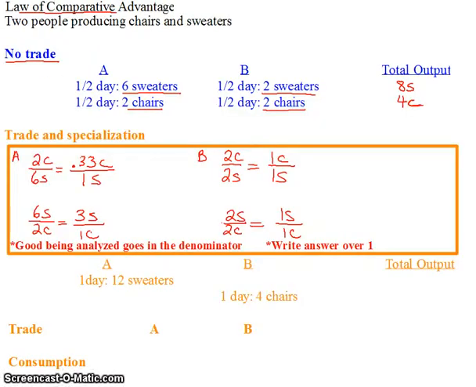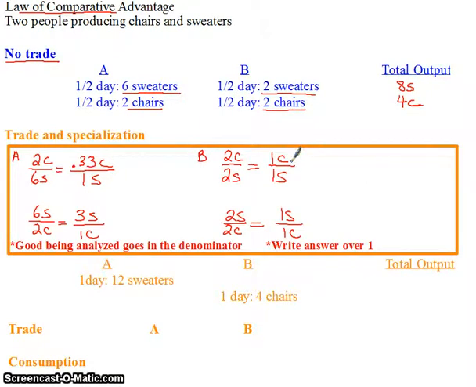We want to find out who's the lowest opportunity cost producer of sweaters. Who can produce sweaters at a lower cost? Every time A produces a sweater, he gives up a third of a chair. When B produces a sweater, he gives up one chair. So A gives up fewer chairs to make a sweater than B does.